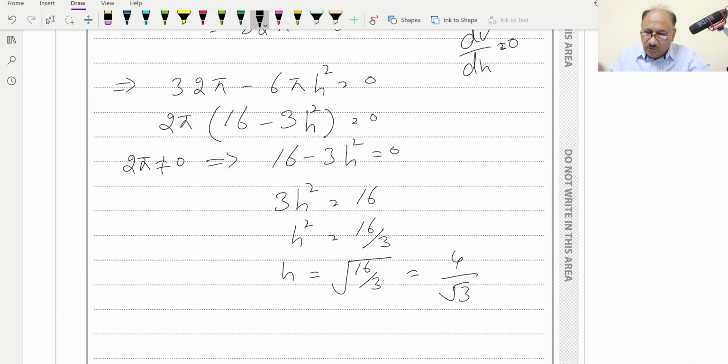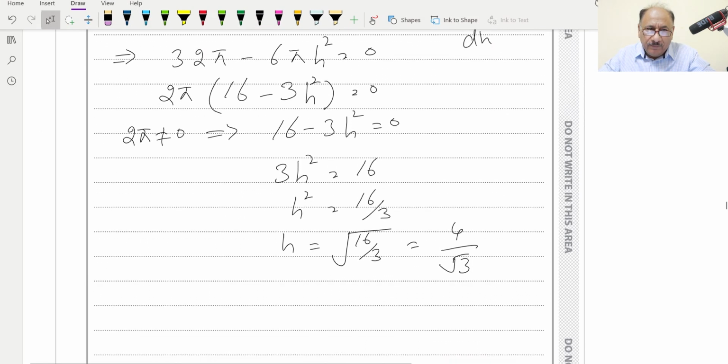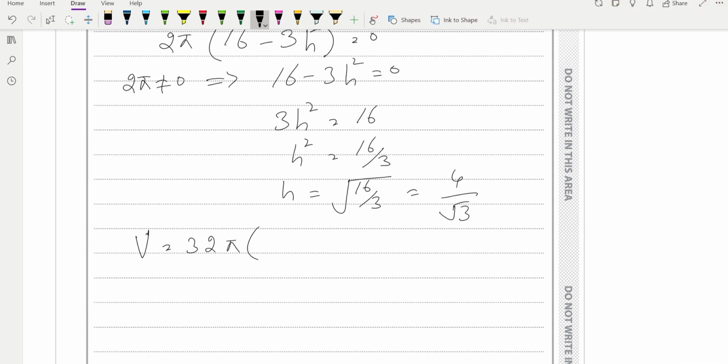And 4 over root 3 is the h value, which we can replace in V, and we know V is 32 pi into h, which is 4 over root 3, minus 2 pi into h cubed, which is 4 over root 3 cubed.